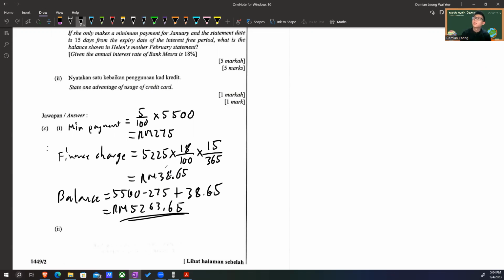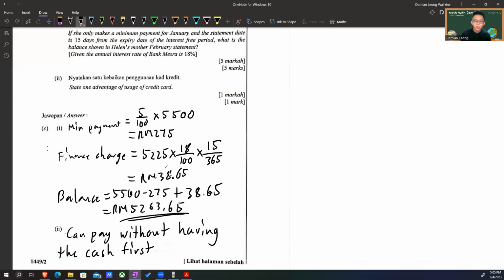So I would say what is more exclusive to credit cards would be can pay without having the cash first.